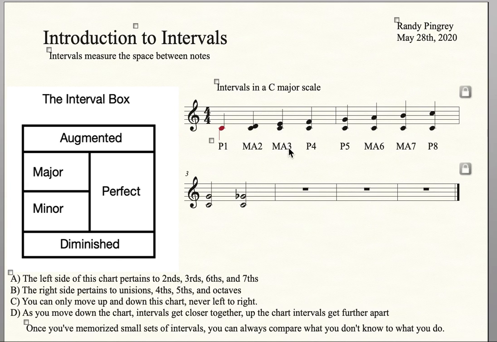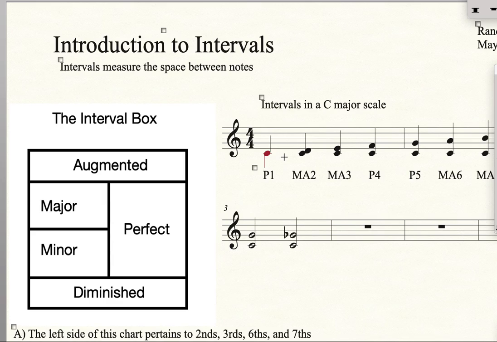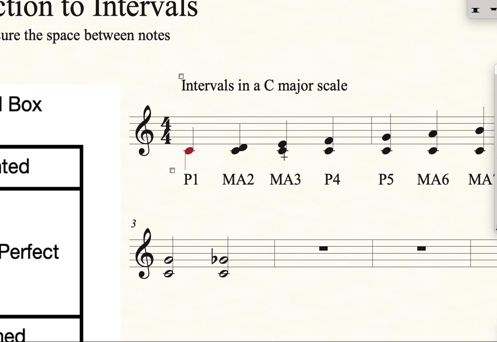The number part of an interval just involves counting the lines and spaces between two notes, and you start at 1, because there's no such thing as a zeroth. So if we zoom in here, this is a fifth because you can count 1, 2, 3, 4, 5. That's a fifth. This is a third, 1, 2, 3.